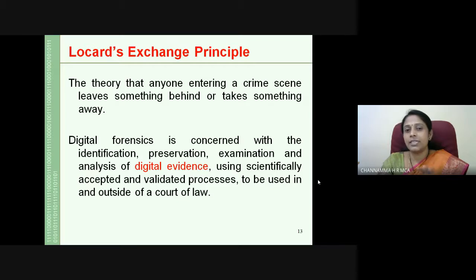We have to identify the digital evidence, preserve it, examine it, analyze it, and prepare the report of digital evidence in a scientifically accepted and validated process. So in a scientific manner, using a scientific procedure, we have to do all these steps.